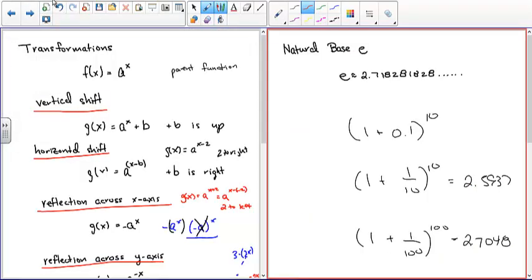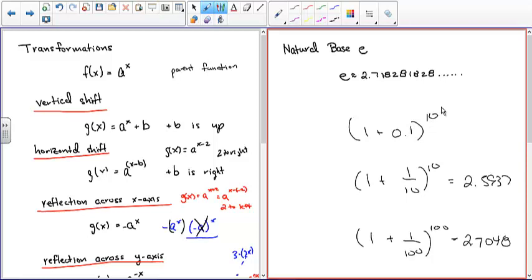And then there is a special base besides 2 or 3. It has a value of 2.718281828. To demonstrate what this number represents, take 1 plus the decimal equivalent of the fraction associated with the exponent.